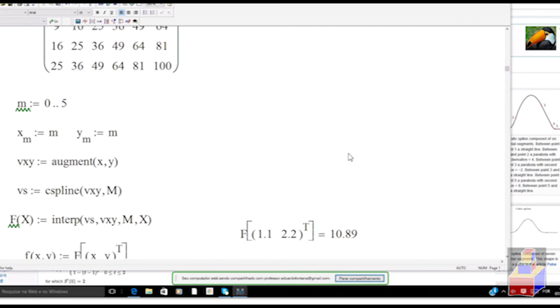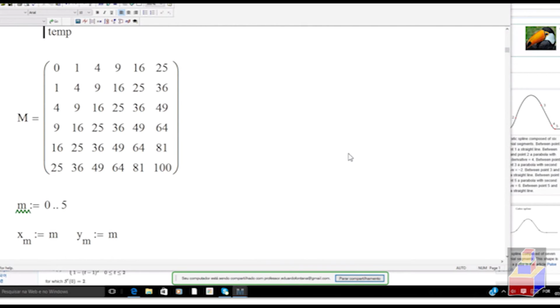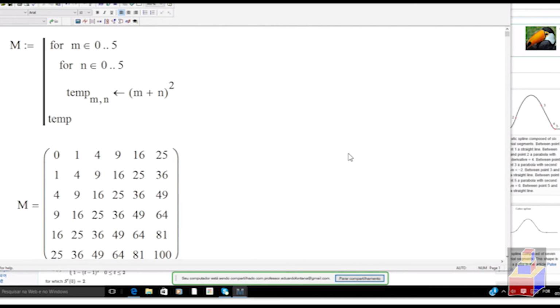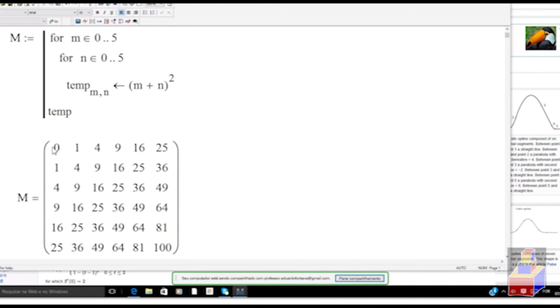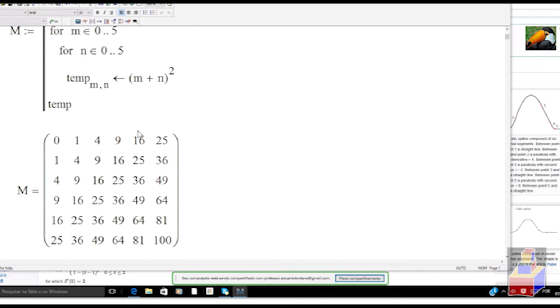This is an example I was playing around with before. I made a data matrix, which is the sum of the squares of the elements. So this is the matrix. My x value is the m variable and my y value is the n variable.